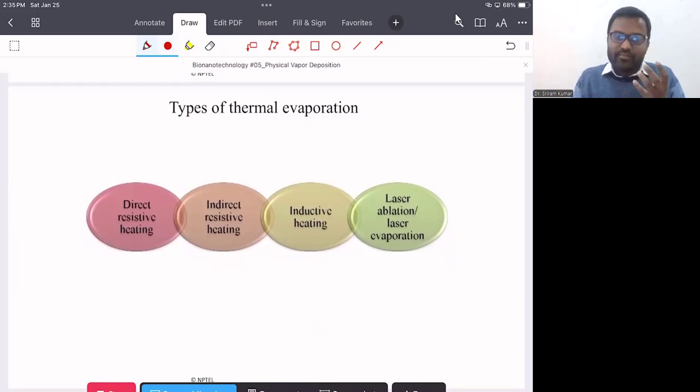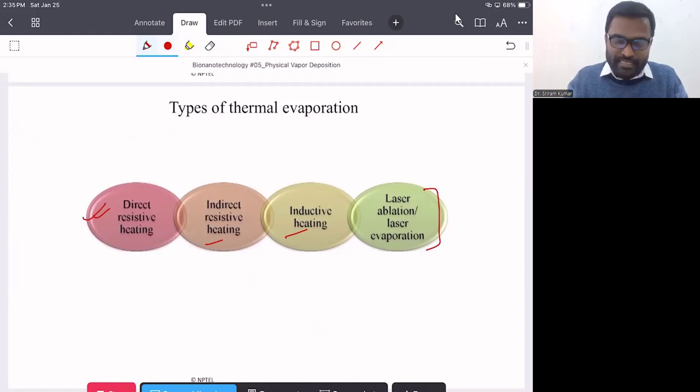We can convert solid material into the vapor phase either by direct resistive heating, in the second case indirect resistive heating, third is inductive heating, and the fourth one is laser ablation or the laser evaporation technique. So we can use four different kinds of heating methods to make the solid material into the vapor phase, and based on that, the vapor phase of material gets deposited on the substrate.